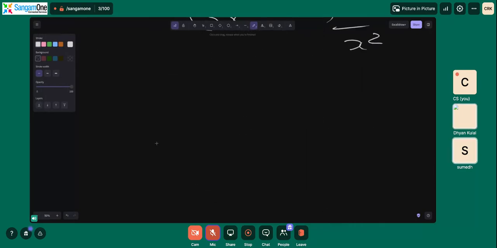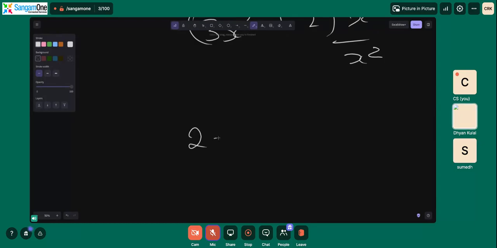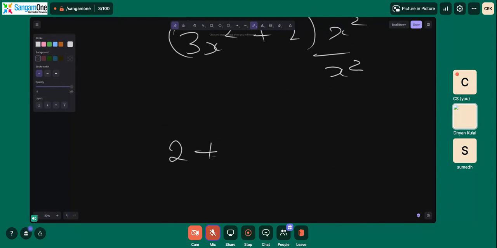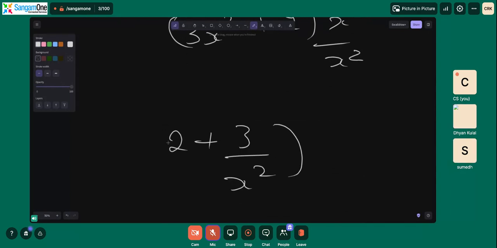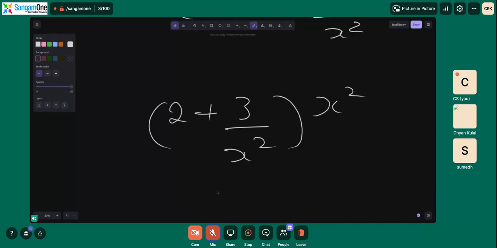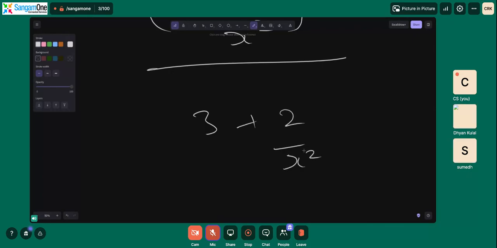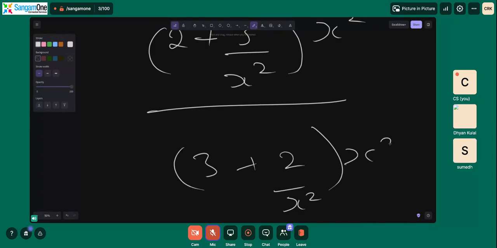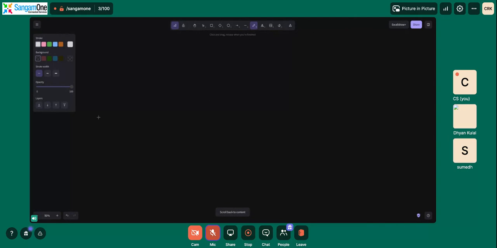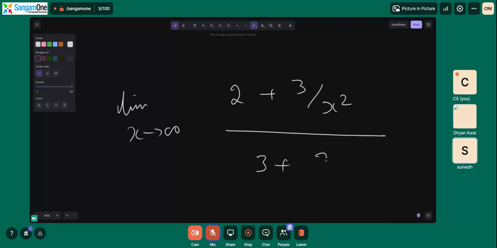Eventually what I will get is the limit x tends to infinity of 2 plus 3 by x square, whole, by 3 plus 2 by x square, whole to the power x.